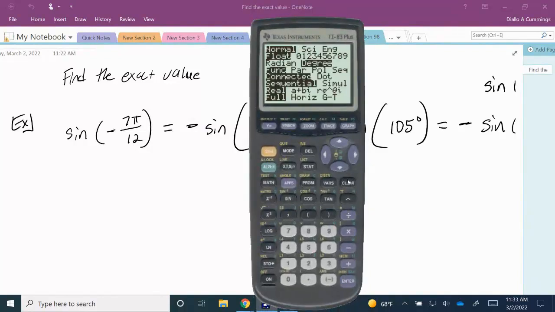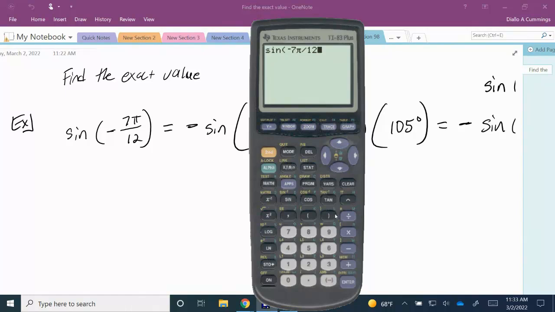I'm going to go into mode and change that to radian. So I'm going to put in the sine of negative 7 pi divided by 12, and we can see our value is negative 0.97.